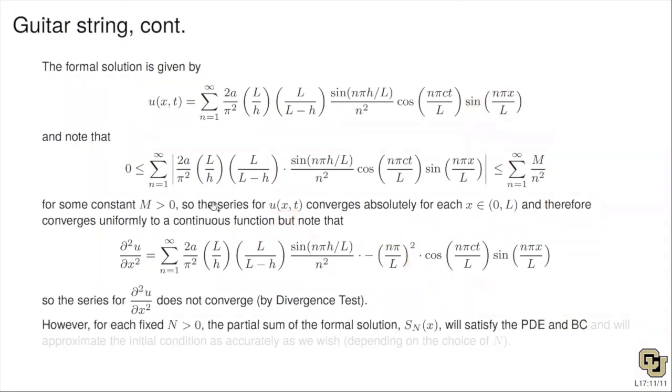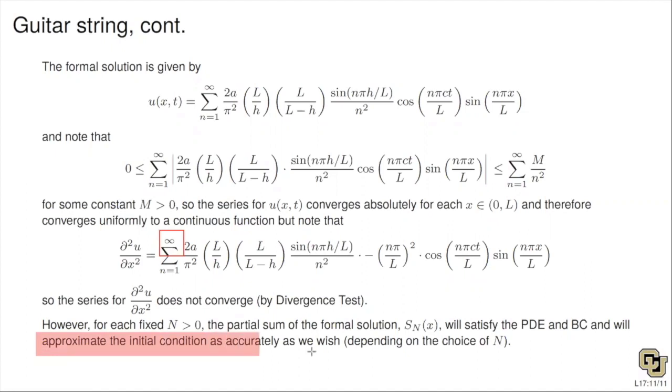So the initial conditions, the initial position in a wave equation, are extremely important when we talk about convergence. And as I mentioned, if we cut this off and just stop at capital N, that will also give us a formal solution that satisfies the PDE and boundary conditions and will be an approximation.